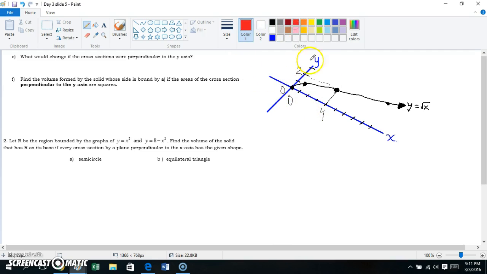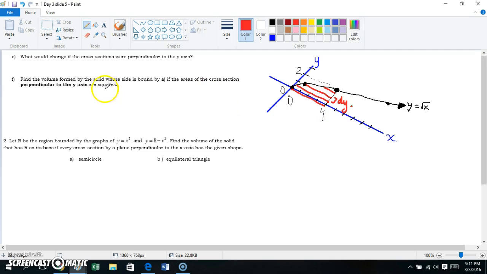Okay, so if the cross sections are perpendicular to the y-axis, here are just a couple representative lengths. These lengths will have a dy thickness. So this time I need to write the integrand in terms of y instead of x.